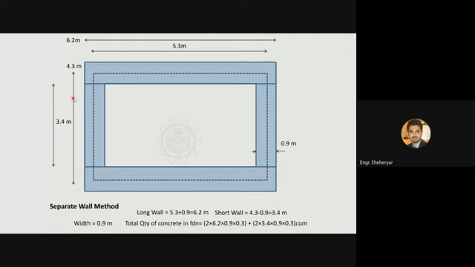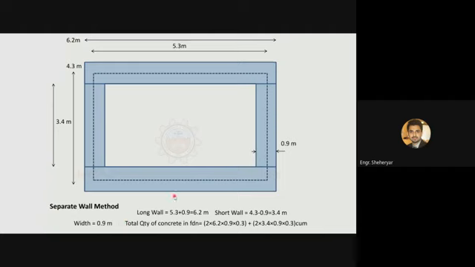So 4.3 minus half of 0.9 minus half of 0.9. So in total, 4.3 minus 0.9, you will get 3.4 meters. Now you have the long wall length 6.2 meters and short wall length 3.4 meters.